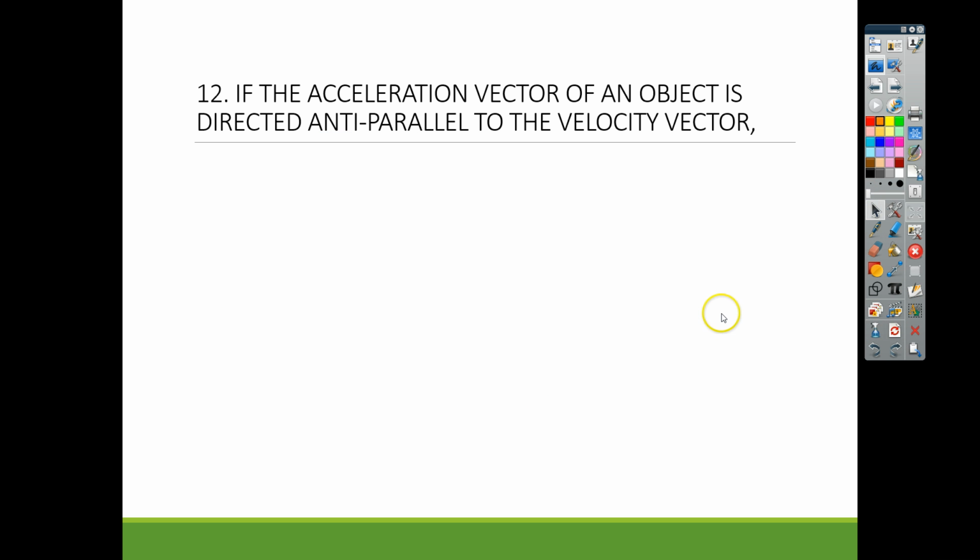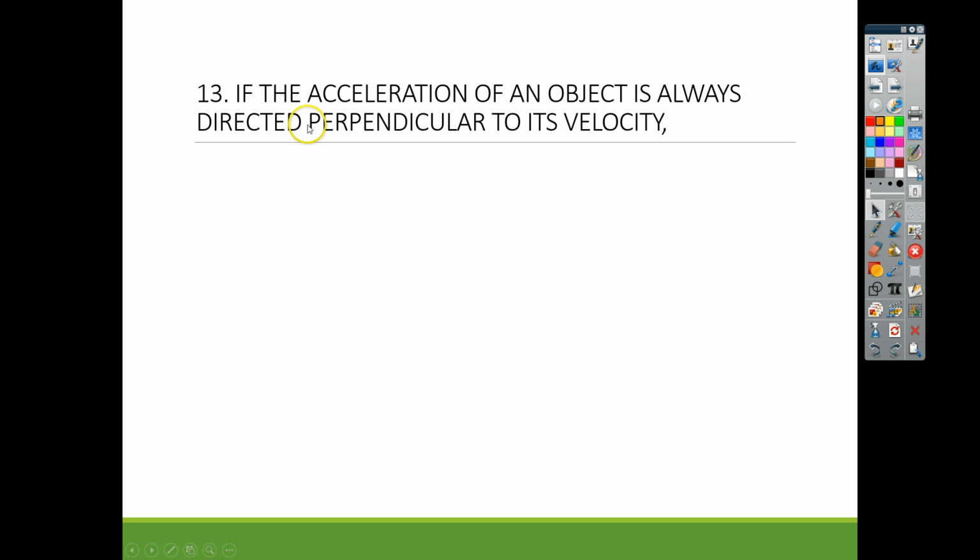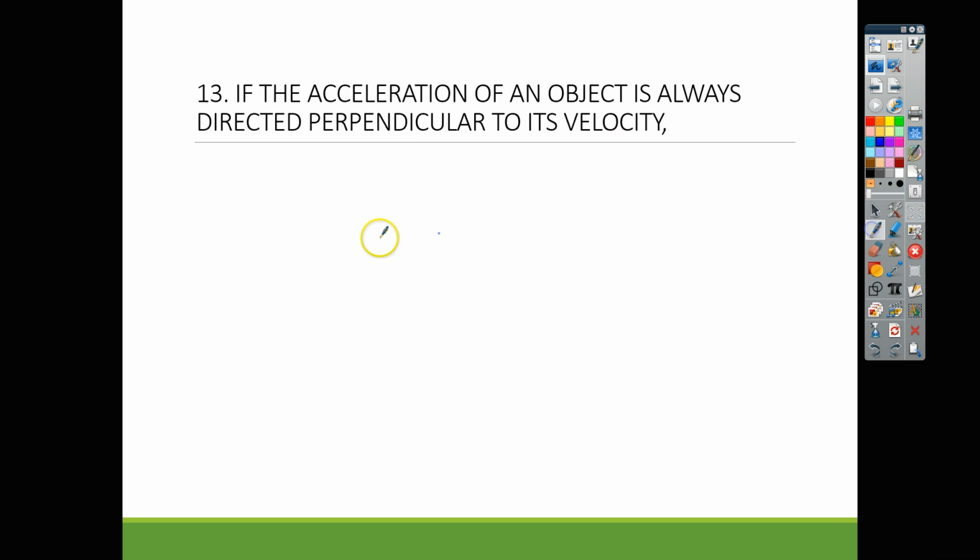For number 13, this one says, if the acceleration of an object is always directed perpendicular to its velocity, then we know that this object is doing something a little bit different. So let's make a circle. So we're just going to make a really easy circle here. Oh, that's a terrible circle. So let's make a real circle.